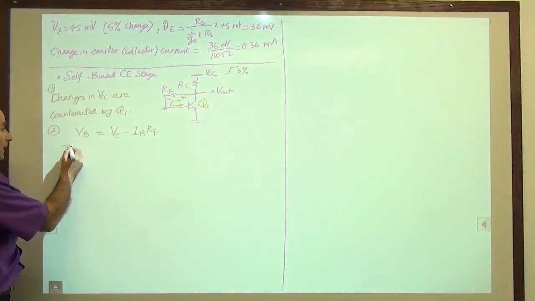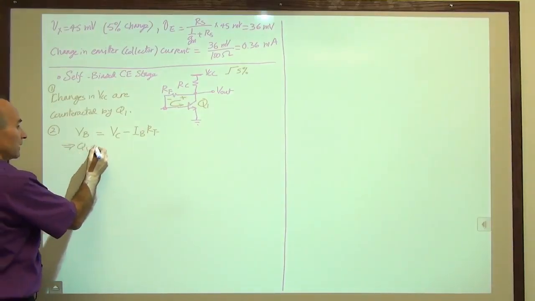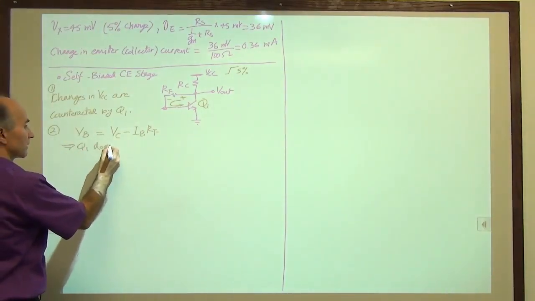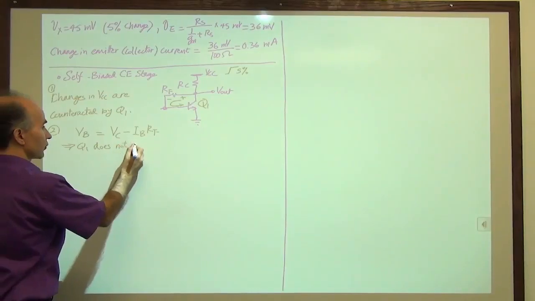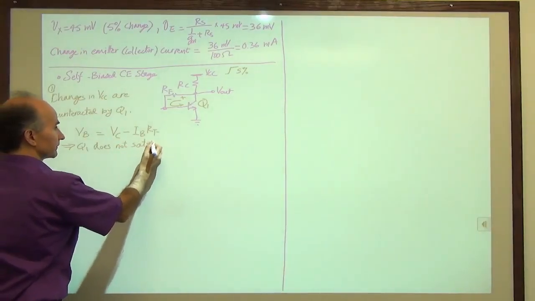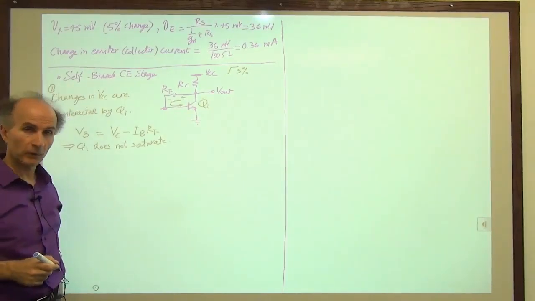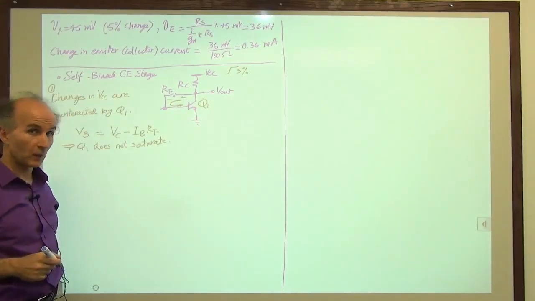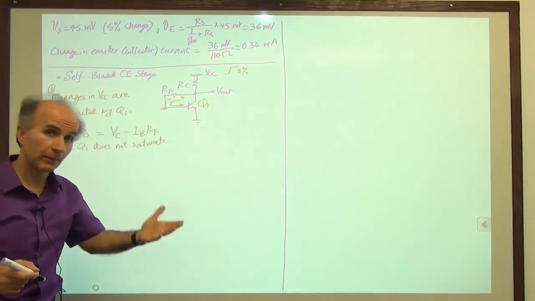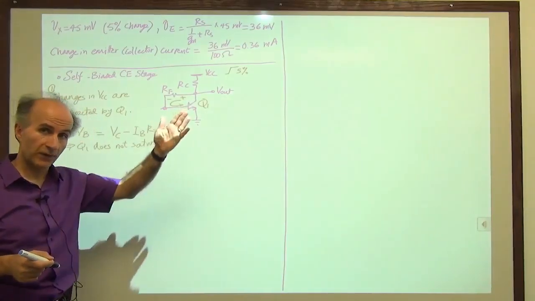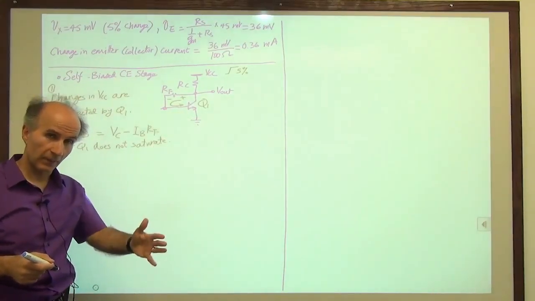So we say Q1 does not saturate, right, because of this property. So that's also a useful property. We did not have this in the simple common emitter stage with resistive divider connected to the base, right?